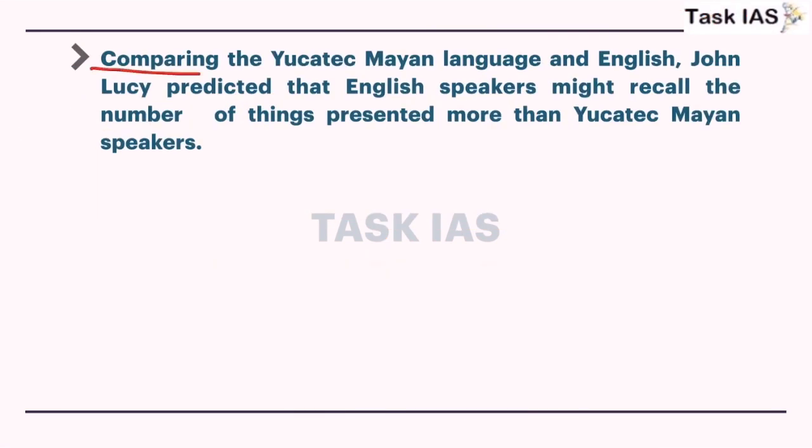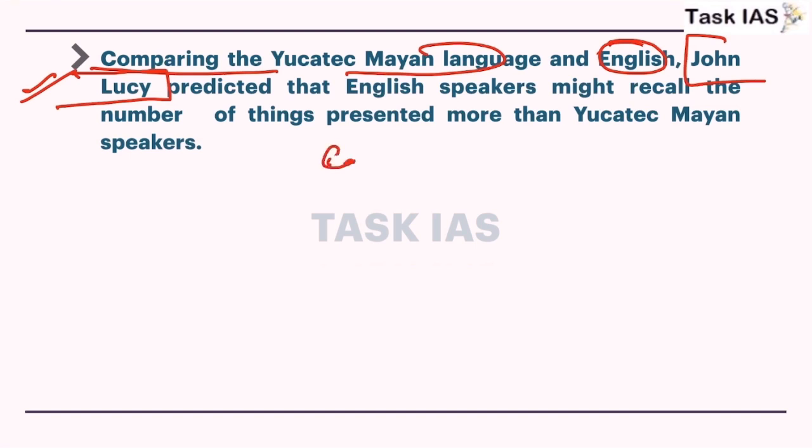Now, when we compare two languages, the Mayan language and the English language, this was under the John Lucy experiment. So remember this John Lucy experiment. When the Mayan and English languages are compared, people who are fluent in English also focus on counting.